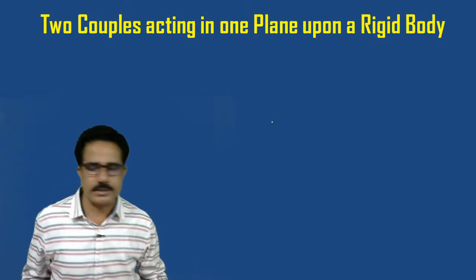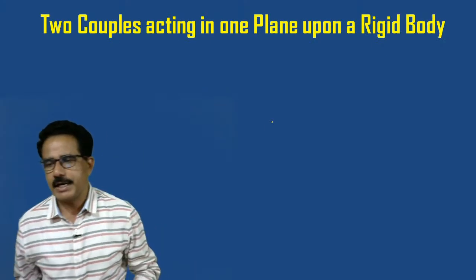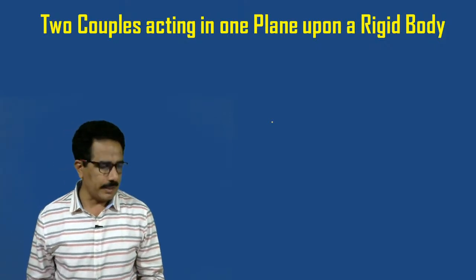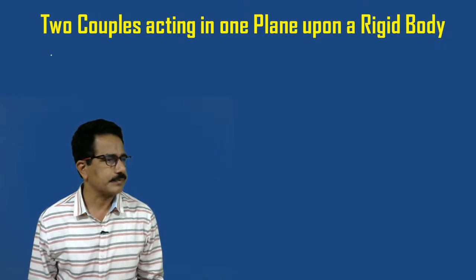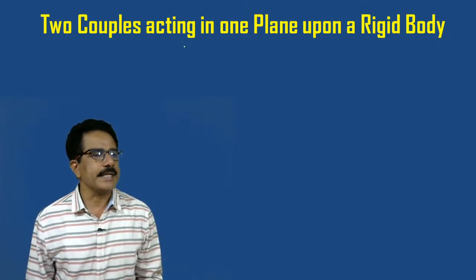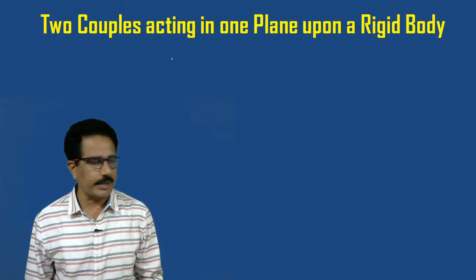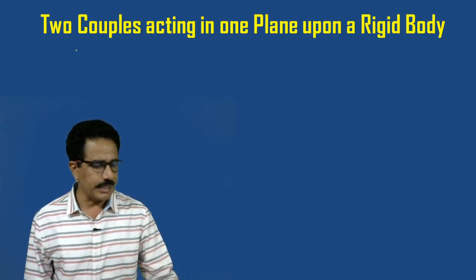Now we shall discuss the theorem based on two couples. Write down the statement of the theorem. Two couples acting in one plane upon a rigid body. What is the statement of the theorem?